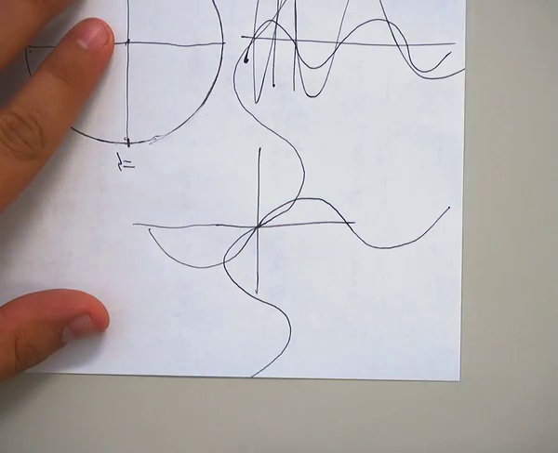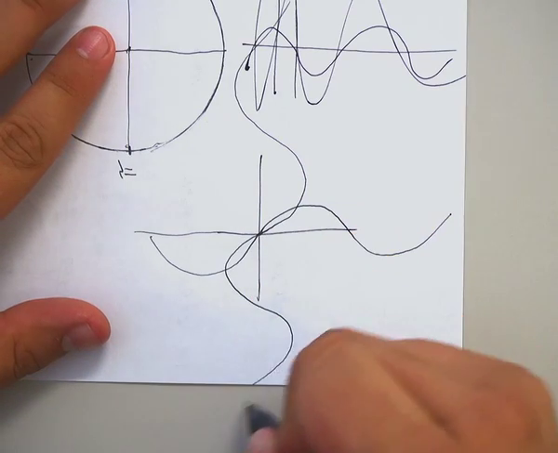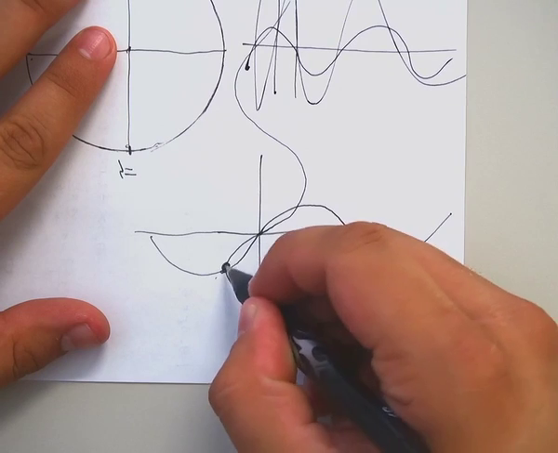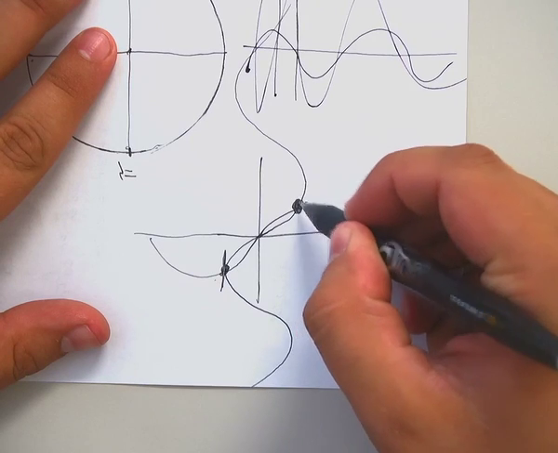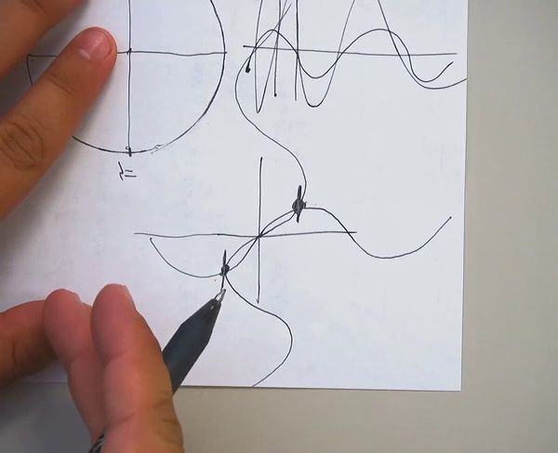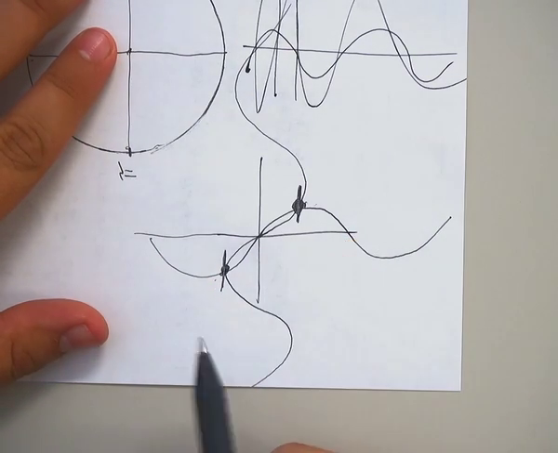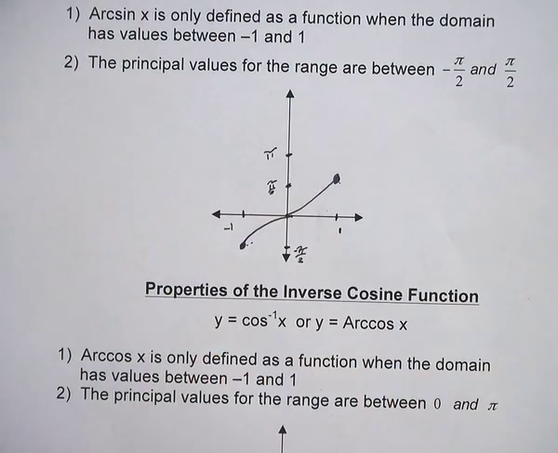You're flipping the x's and y's. Well, this squiggly line right here makes this not a function. So in order to be a function, we have to restrict it. We have to cut this thing off. If you want to make this a function, you have to restrict the domain so that it is a function. So we're going to go from -1 to +1. That's the only way this thing could actually be a function.